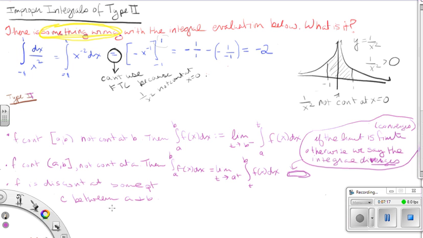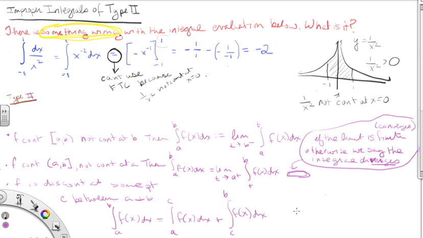In this case, we say the integral from a to b of f of x dx is equal to the integral from a to c of f of x dx plus the integral from c to b of f of x dx, if both those integrals on the right converge. And again, otherwise we say it diverges.